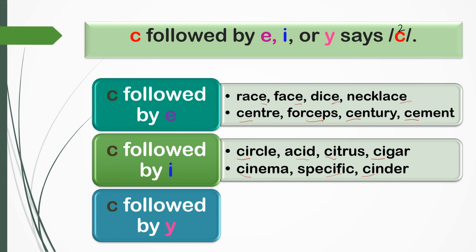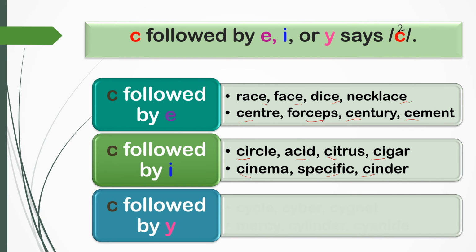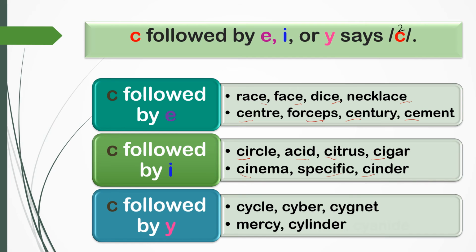Let's look at examples where C is followed by Y. So we have cycle, cyber, signet. More examples, mercy, cylinder, cyanide. So here you will notice C is followed by Y. I have chosen words here in the first case, C followed by Y in the beginning of a syllable, right?